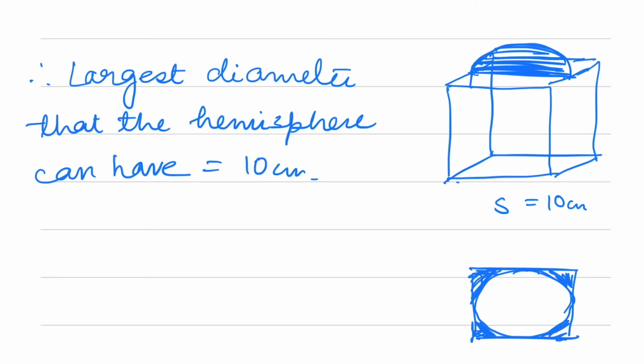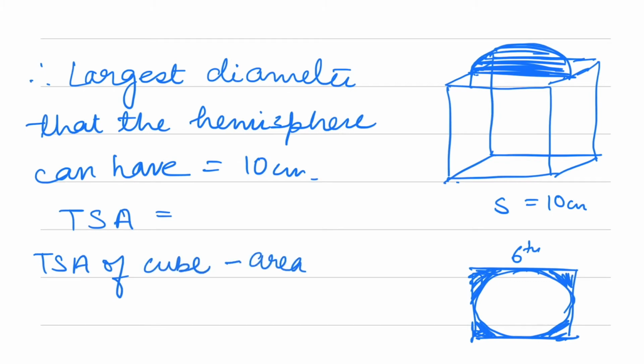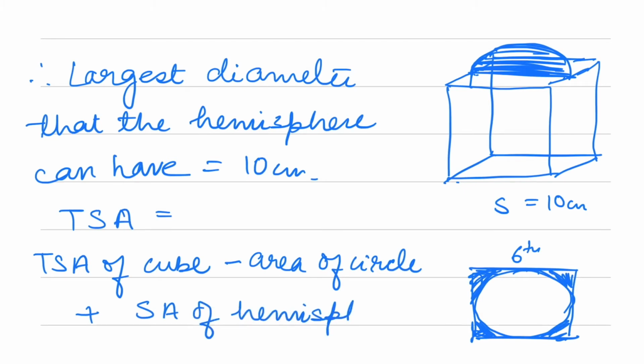Okay, we have to find the total surface area because we have to find the cost of painting the total surface area. So the total surface area of this solid would be the total of 6 surfaces, right? On the 6th surface I will subtract pi r squared. So total surface area will be TSA of cube minus area of circle for the top plus surface area of the hemisphere which is surmounted.